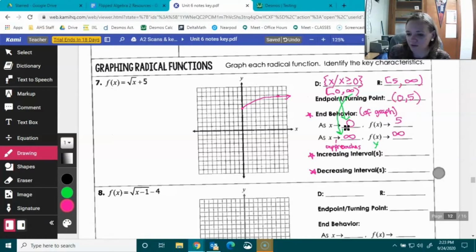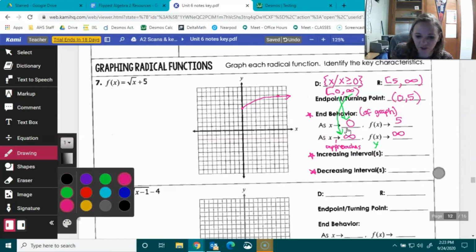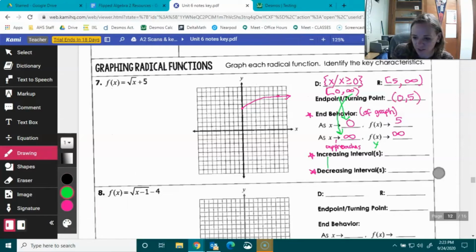Now the increasing interval, what we have to imagine on this is slope. So increasing, decreasing, we are identifying the slope. Remember that this is a positive slope, and anything doing this is a negative slope. So we're comparing it to that.